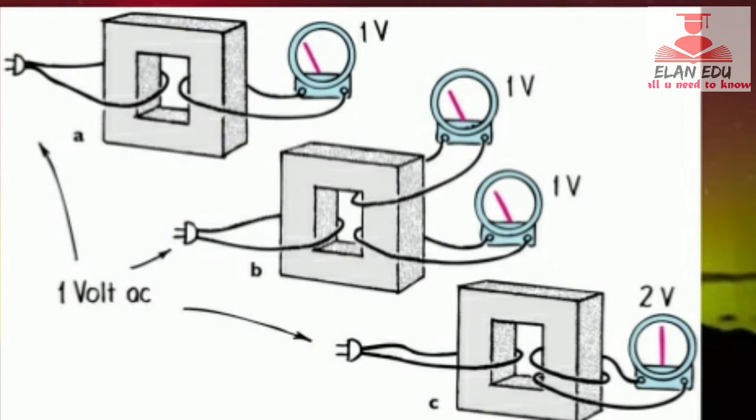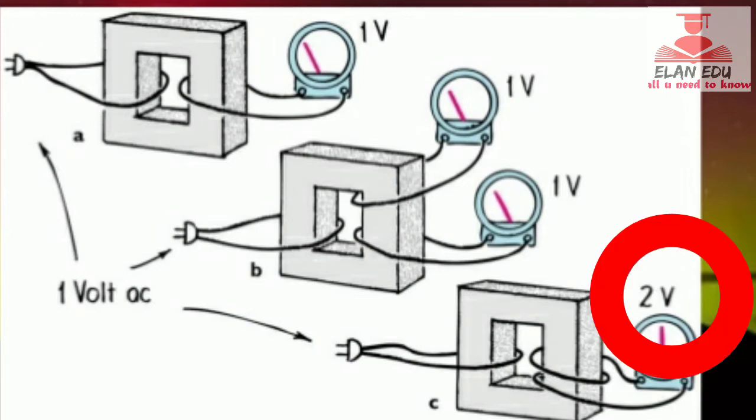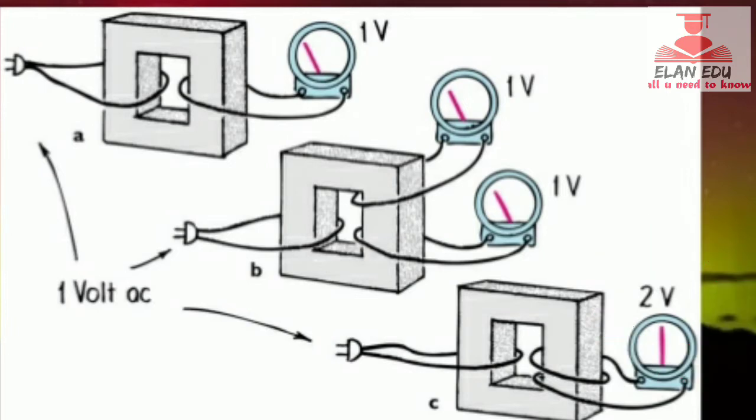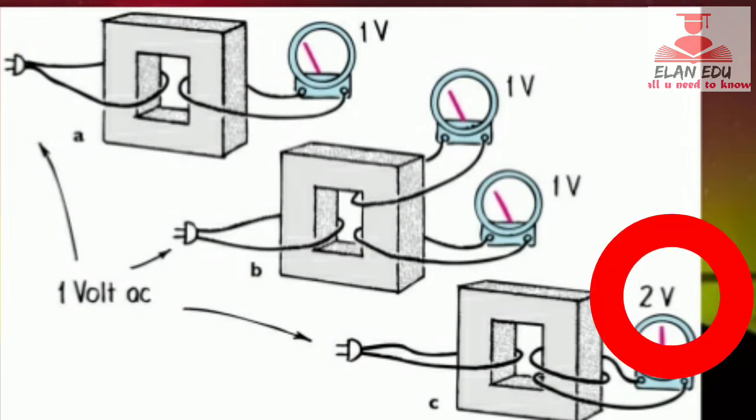When the output in the secondary is equal to the primary winding supply voltage, it is called a 1:1 ratio transformer, and when the secondary voltage is higher than the input voltage, that is the primary voltage, it is termed a step-up transformer. Now the third diagram clearly indicates a 1 volt AC input which produces a 2 volt AC output in the secondary winding, which indicates a step-up transformer.